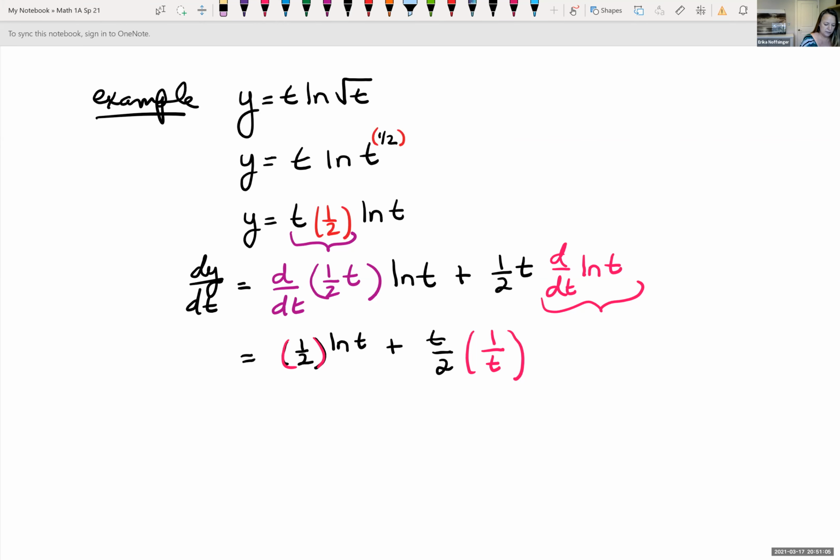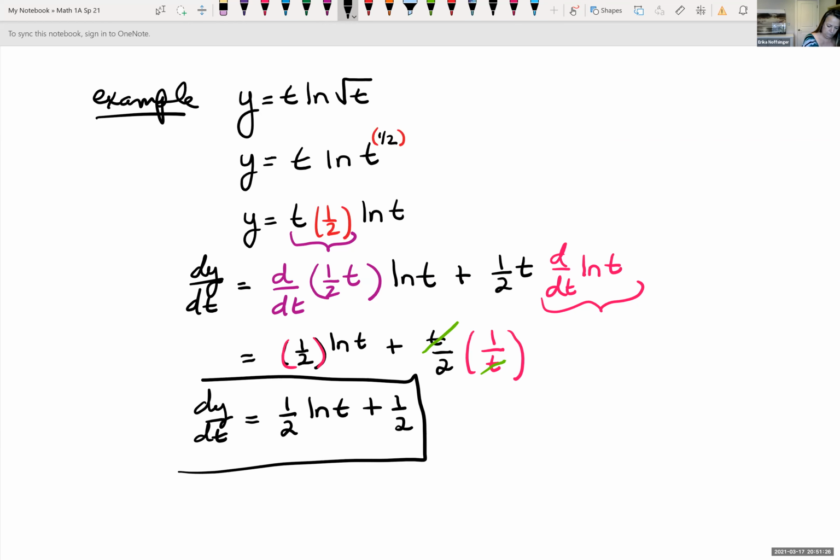I have a t in the numerator and a t in the denominator, so those can cancel. So I'm really left with 1/2 natural log of t plus 1/2. So again, using those rules of logs right here was helpful. I think it saved us some time, that we didn't have to use the chain rule when we took the derivative of the natural log.